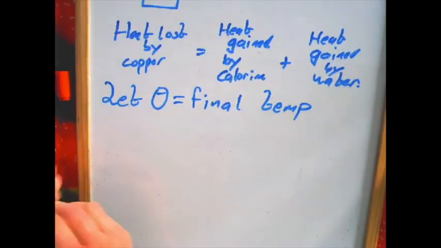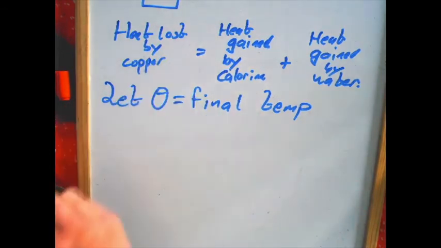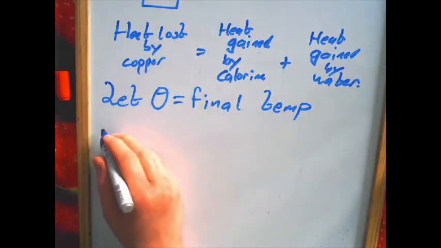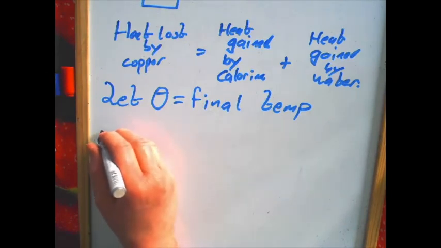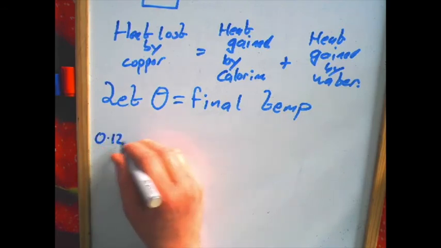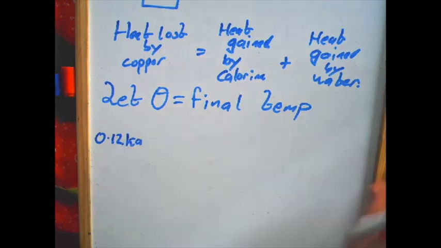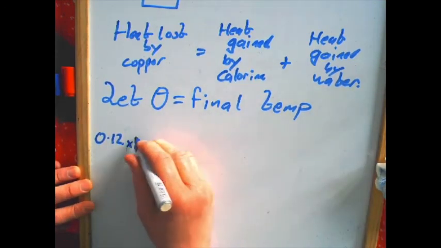Okay, now again, we're looking for the final temperature. All right, that's a little tricky. So what we're going to do here is say, let theta be the final temperature. Okay. So for this one, I'm definitely going to leave out units right to the end, guys, just so that this actually fits on. So first off, let's figure out the heat lost by the copper.